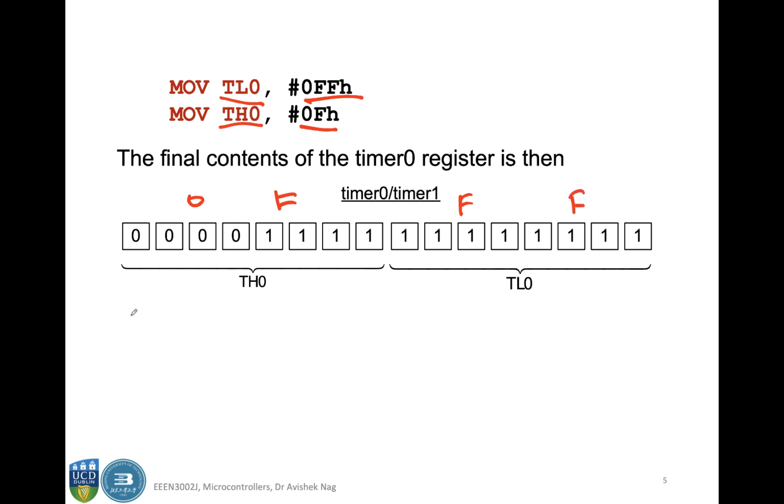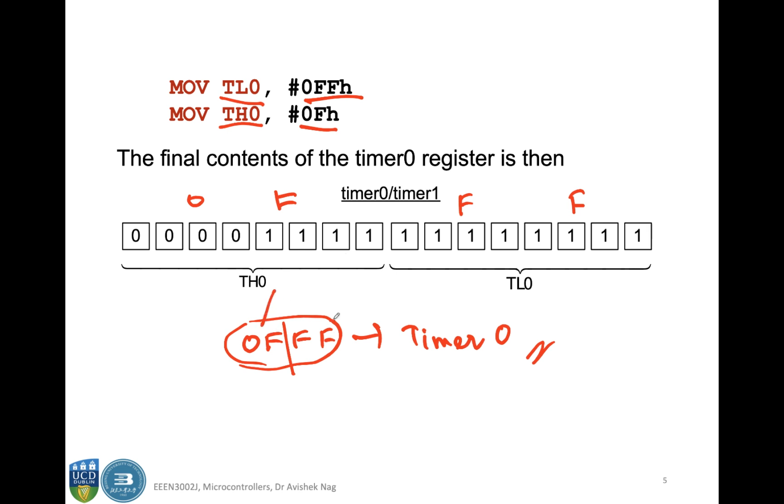So the entire timer 0 contains 0FFF. This is the 16-bit number of timer 0, the current number that is contained in timer 0. So if you want to load a 16-bit number into a timer, you break it into two 8-bit parts and then you load the higher register with the upper 8 bits and the lower register with the lower 8 bits. That's what is happening here.